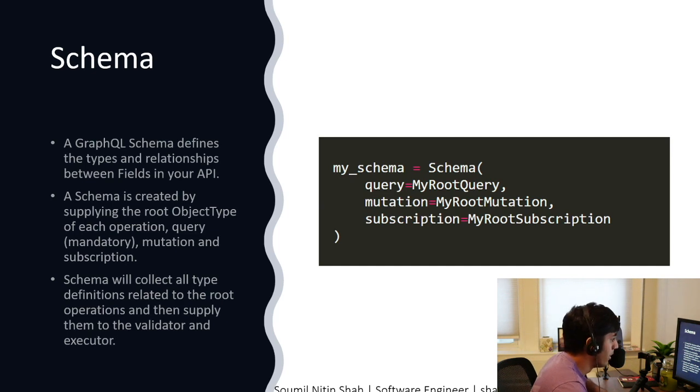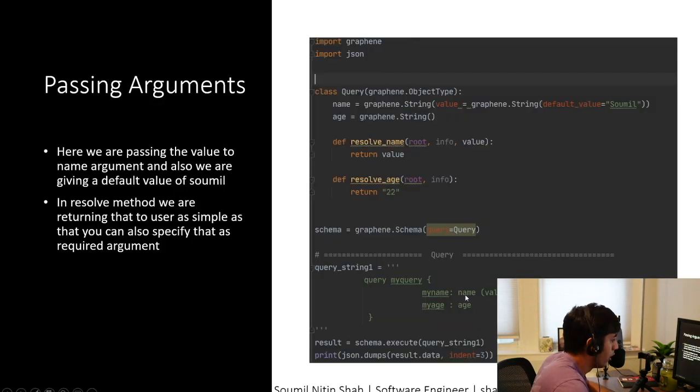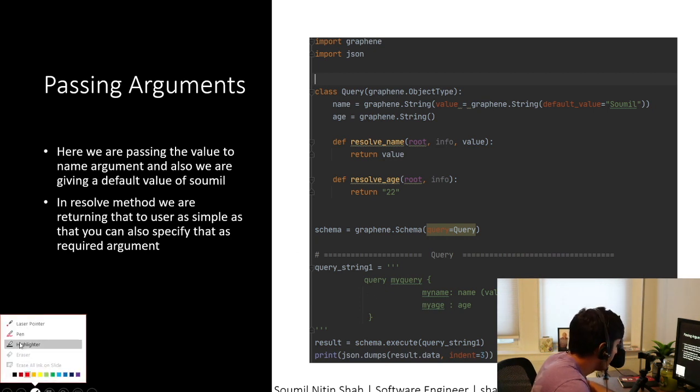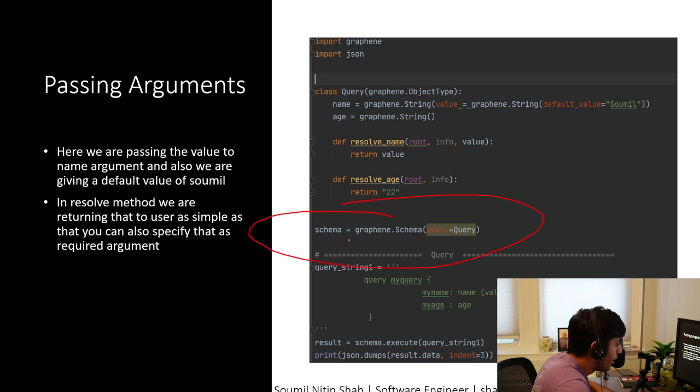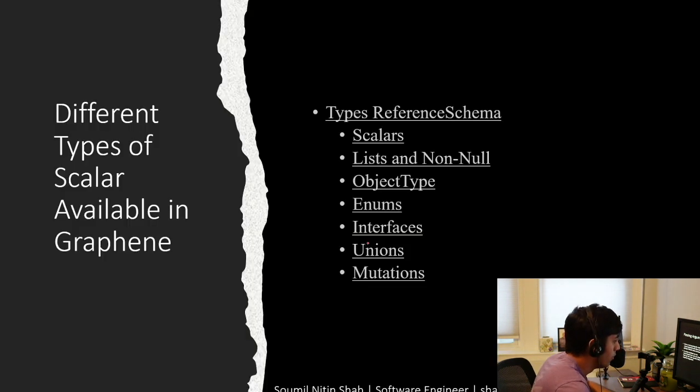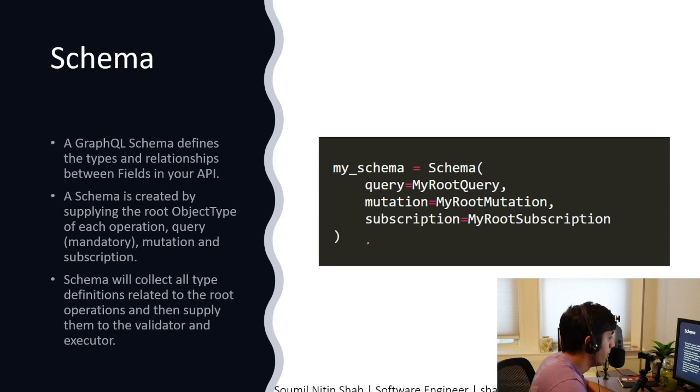Schema. So remember, in the session we always used to make the schema. This one right here. So right here, we made the schema, right? So what the hell is the schema? So the schema always takes a query. So whatever query the user supplies, that's my root query. Let me just read the definition.